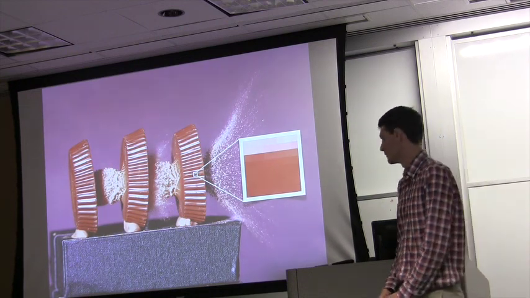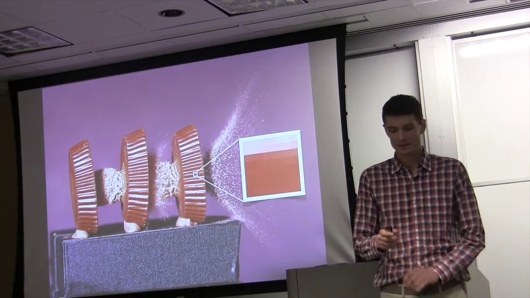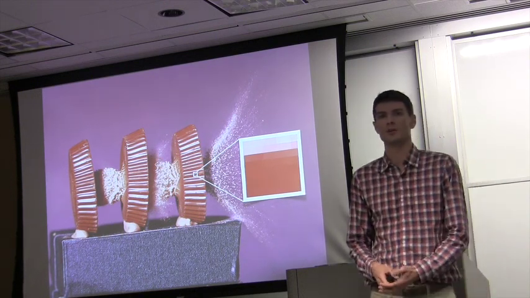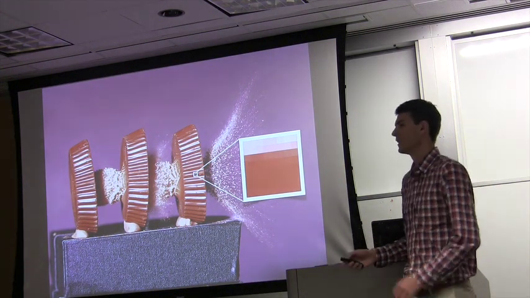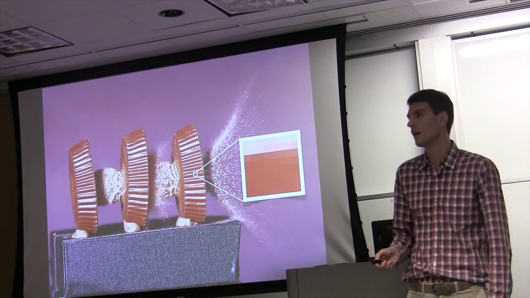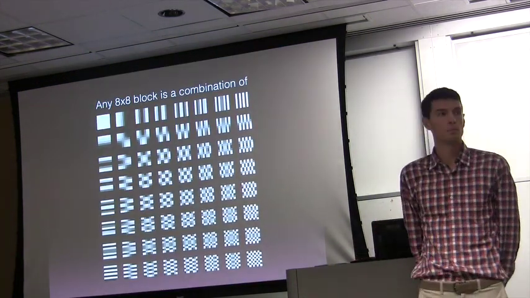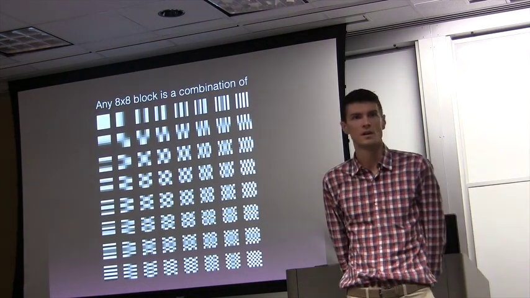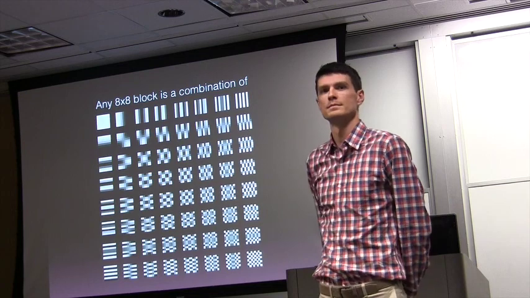So how do we do that? Well, we actually use some very sophisticated mathematics, which we can show in a picture. And here, this is one of the most important mathematical ideas to have ever been invented, the following idea. That any 8x8 block that you can imagine is the sum of these blocks.